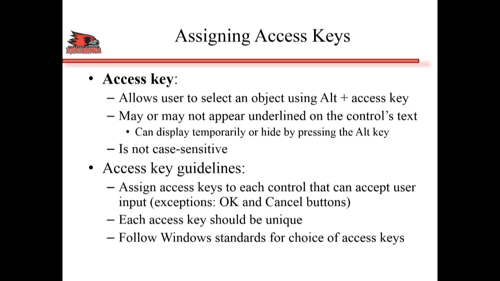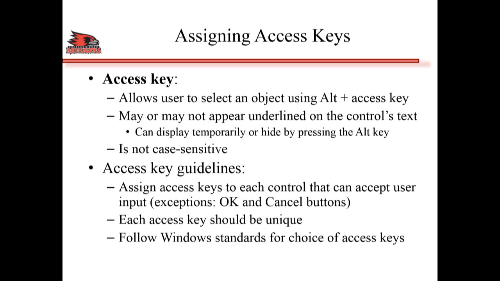They should be unique so that a problem does not arise. Suppose you have F assigned as the access key to File and also to some other menu or button. If you then hit Alt and F, the program does not know which menu or button to go to.